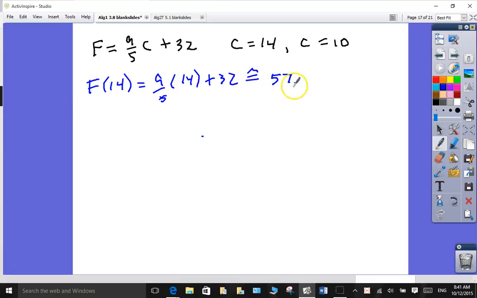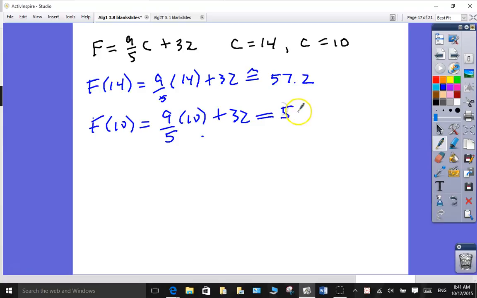Everybody get that? 57.2. And F of 10 is 9/5 times 10 plus 32. That one ought to come out right: that'd be 50 degrees on the nose. That's F.